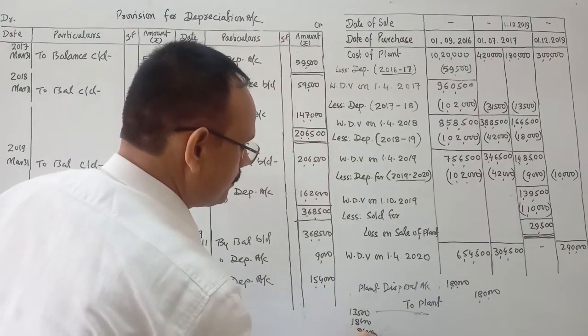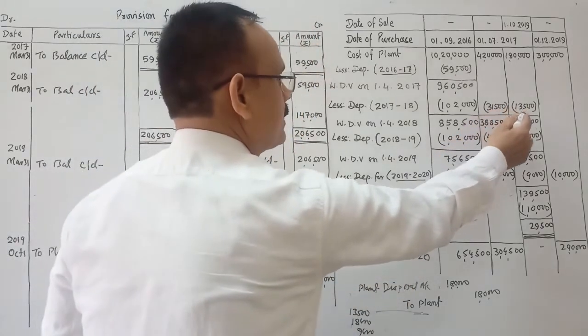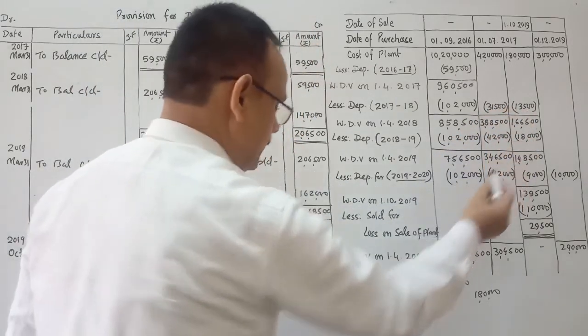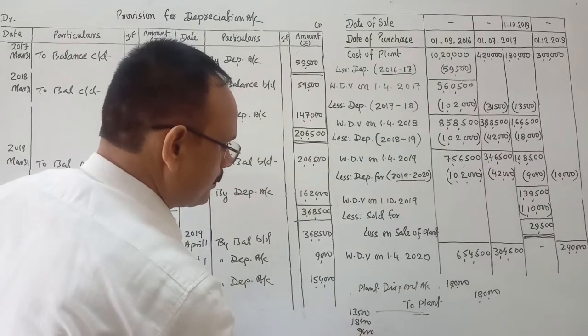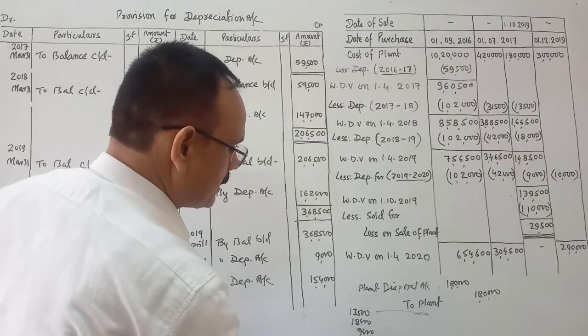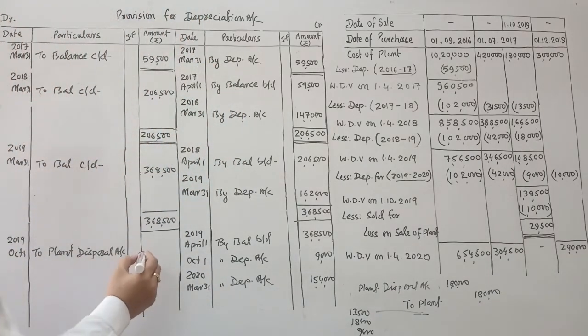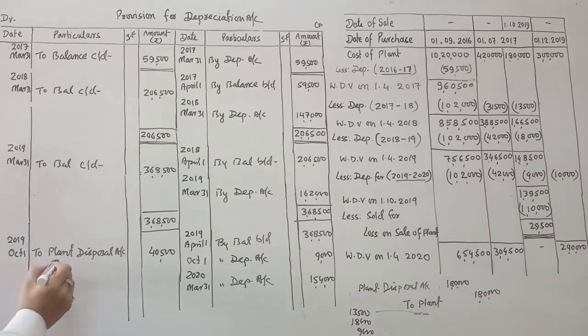So total depreciation on this machine is 13,500 plus 18,000 plus 9,000, which is 40,500. This total depreciation of the machine sold will be transferred to the plant disposal account.